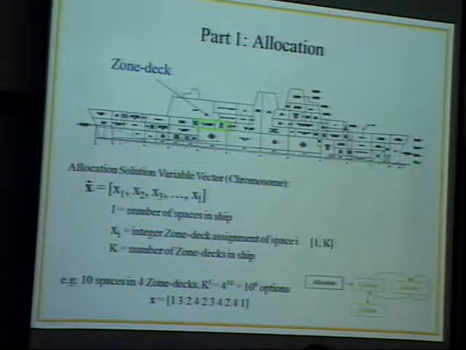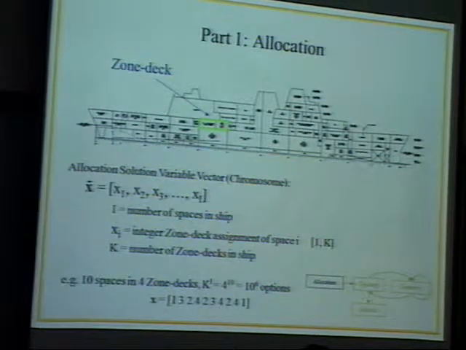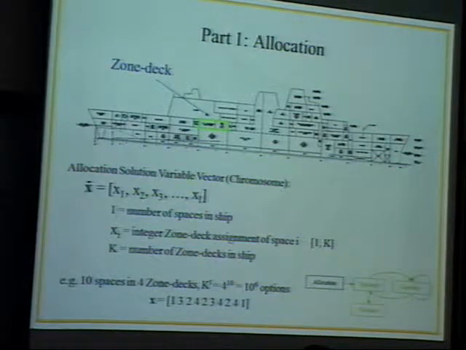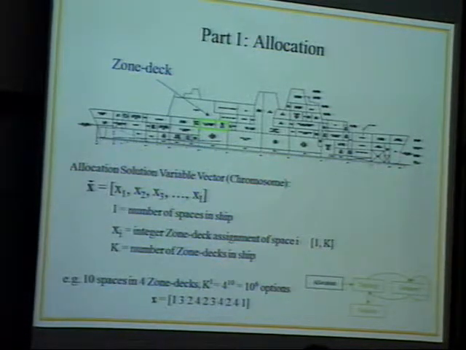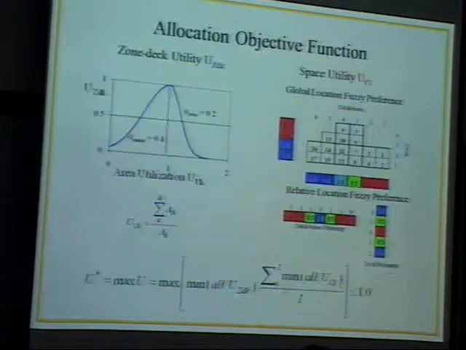Our final goal is the optimal arrangement of an aircraft carrier, and the number of zone decks is more than 100, I don't know, maybe 200, and the number of spaces is on the order of 1,000 or something. Okay.